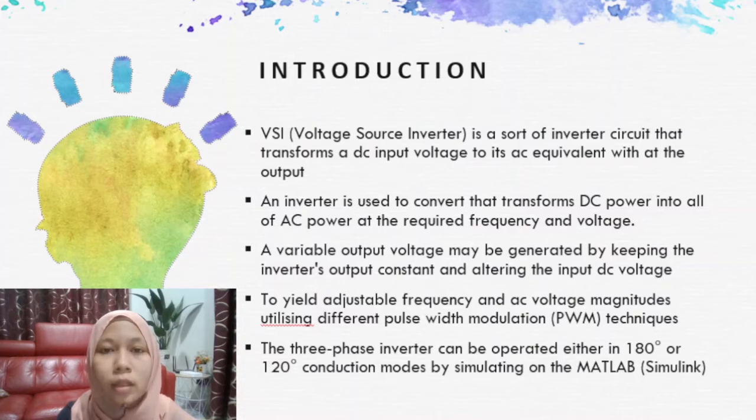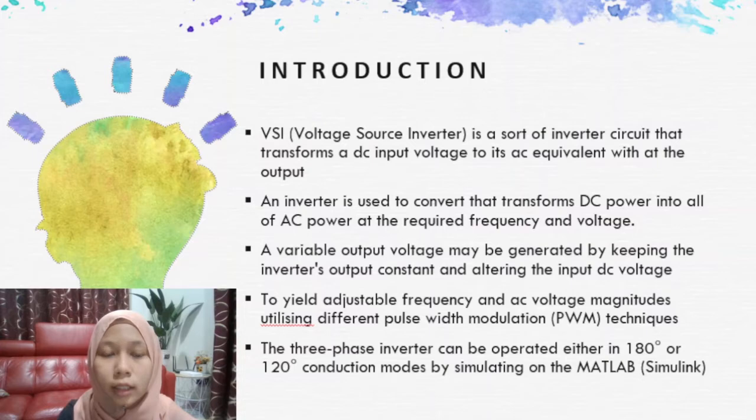If the input DC voltage remains constant, a variable output voltage may be generated by altering the inverter gain using the pulse width modulation (PWM) control technique.